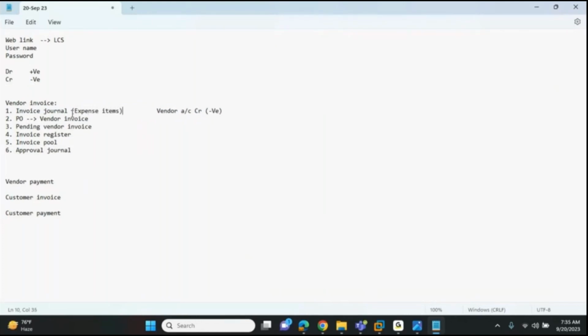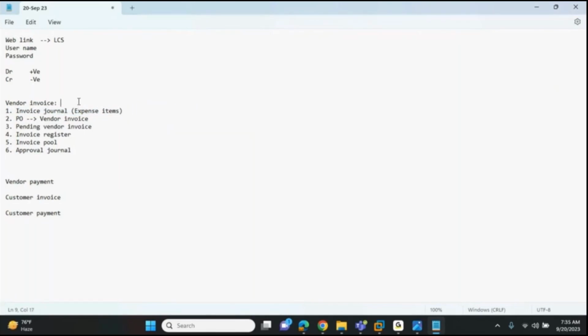So this is the invoice journal, which means it is for expense items. If you are purchasing an expense item, we use the vendor invoice journal.